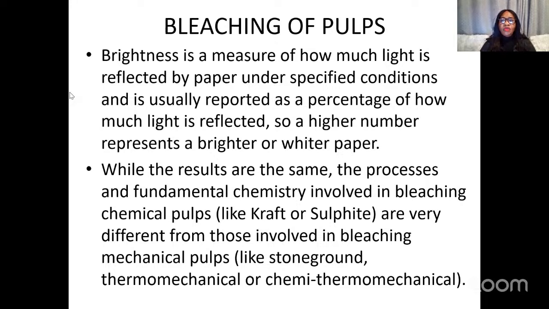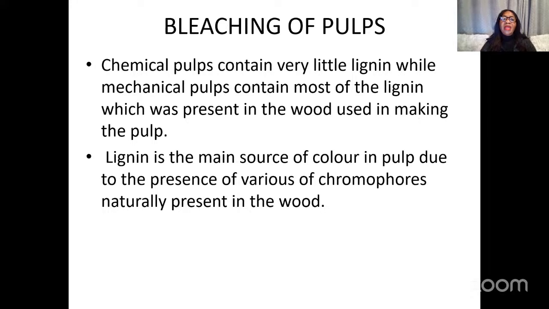Even though the result we're trying to achieve is the same, that is brightness, the chemistry involved in the two types of pulp bleaching is different. Chemical pulp contains very little lignin. Of course, you know why, because of the amount of chemical used in the pulping process.